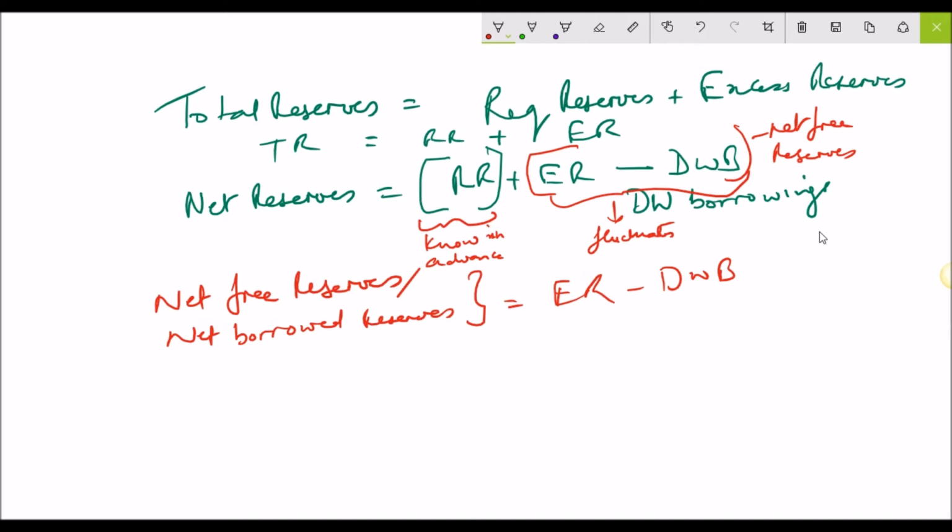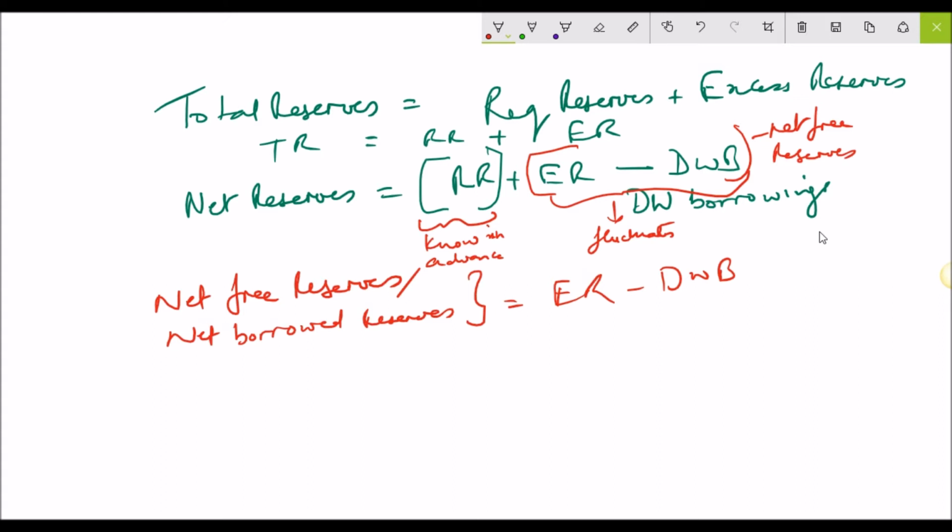Depending on the deviation between the estimated deposits and the actual deposit size, which banks would know only on day 13 of the 14-day maintenance period, the two variables that fluctuate are excess reserve borrowing or lending and the discount window borrowings. Banks with excess reserves will lend to banks still required to maintain their reserve balance.